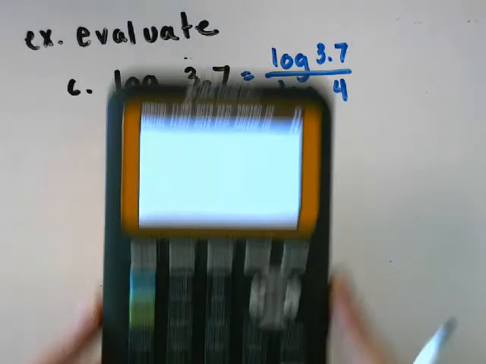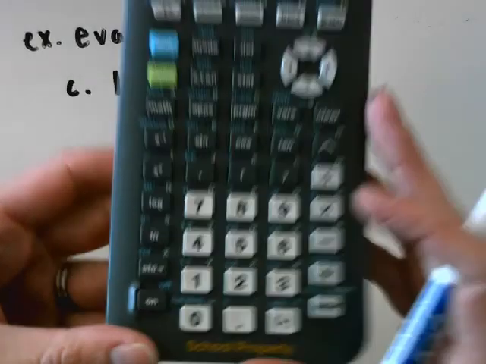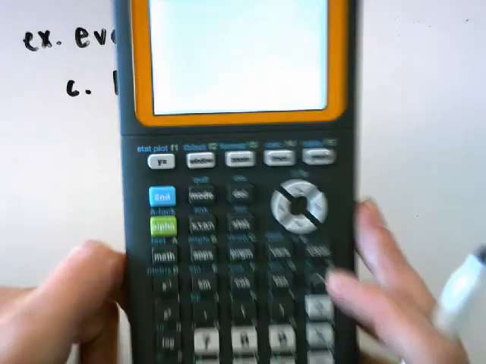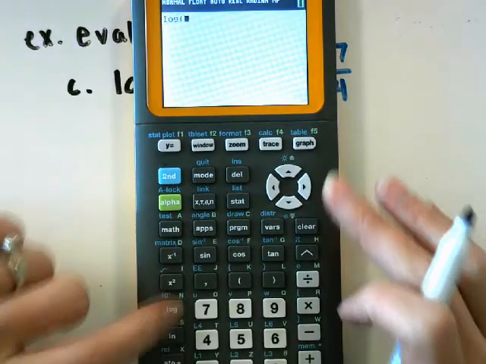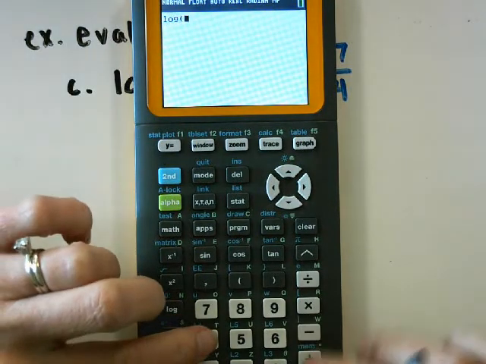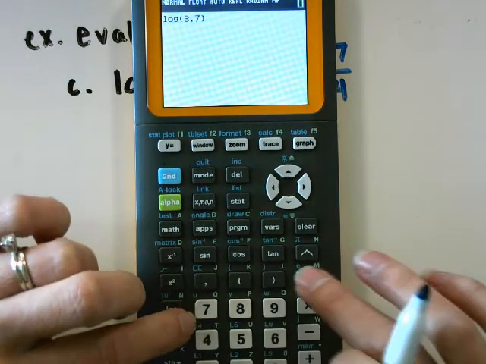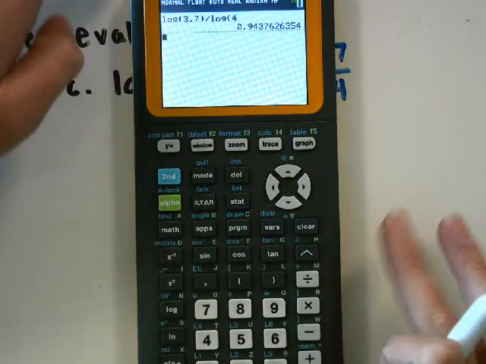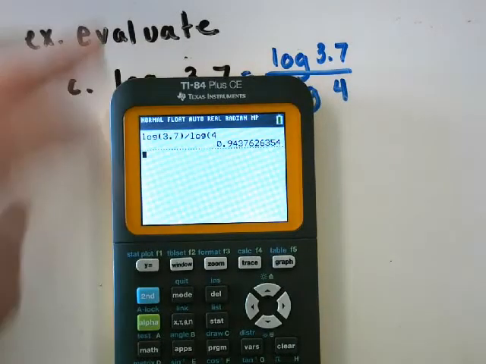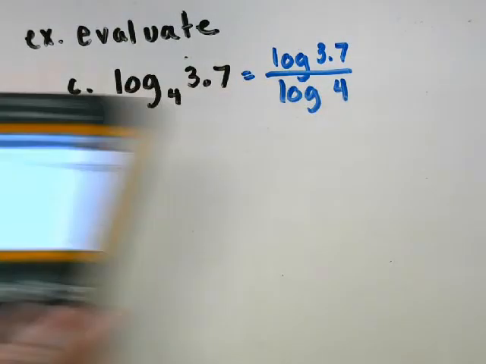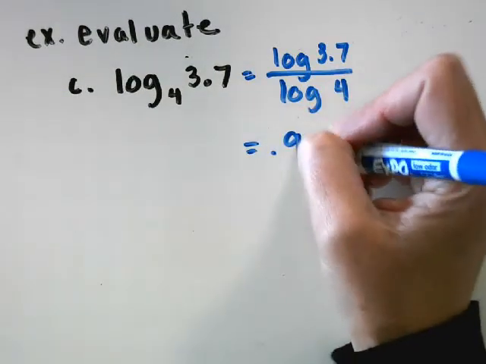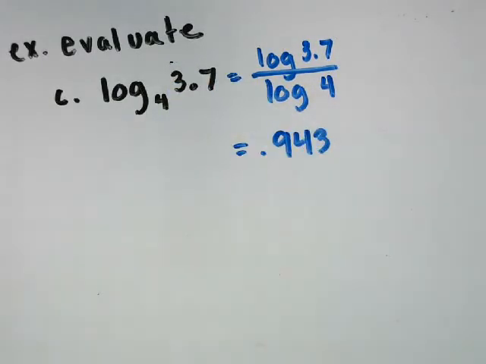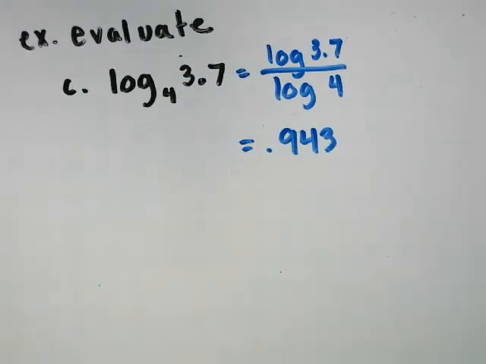If you look, we have two buttons, the log and the natural log. So we're going to do log 3.7 divided by log of 4, and that gives me 0.943. And it makes sense. 4 to some power equals a number less than it, so the power would be less than 1.